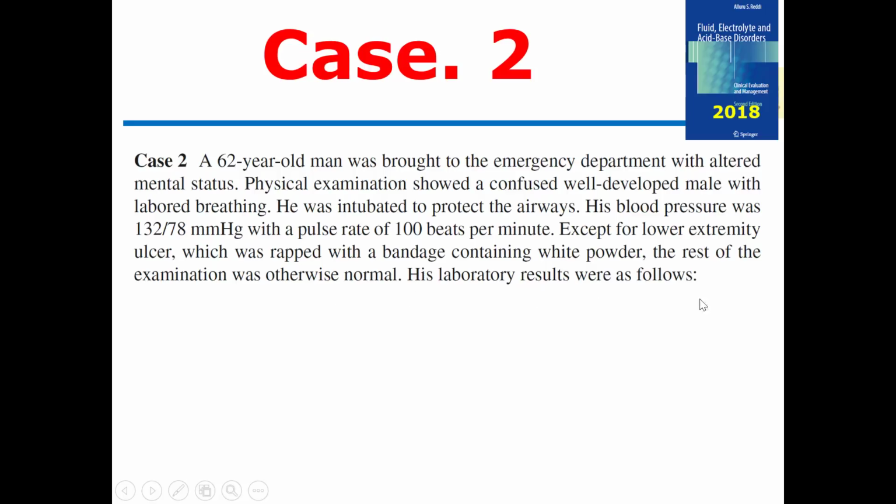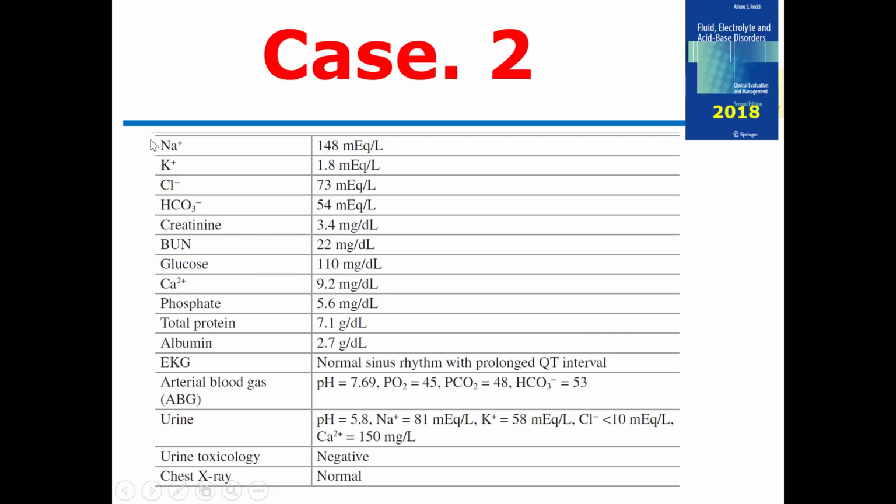His laboratory results were as follows. Again, here, this is the hypokalemia, acute kidney injury. Calcium is 9.2, but albumin is 2.7, so corrected it is above 10.5. So this is the hypercalcemia. And this is blood gases. Bicarb is high, 53.